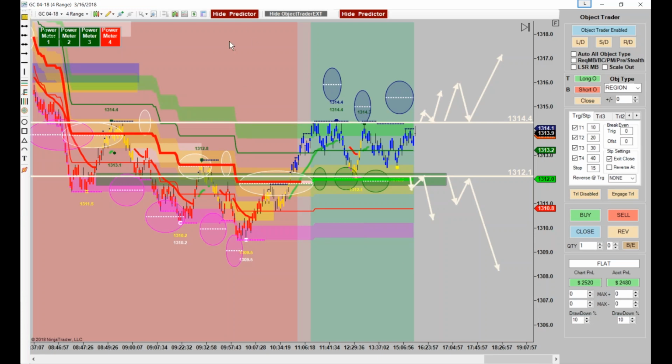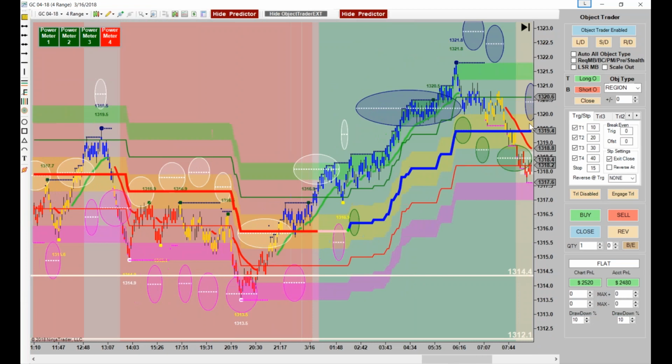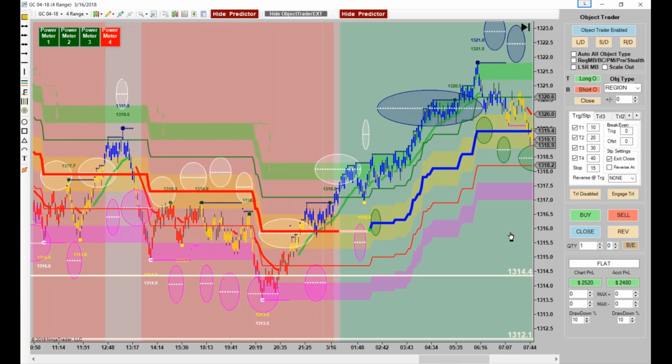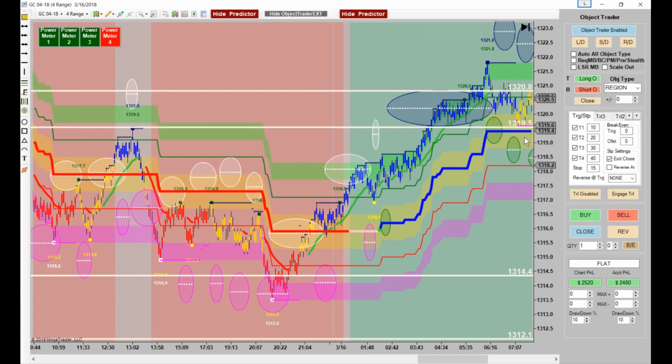Because just like with this gold earlier, if you would have been woken up at this time right here, to give an example, well, like right here, I would have been looking for this trade here, like this, break, come back and kiss and take off, or I'd be looking for this trade right here, break, kiss, roll over.